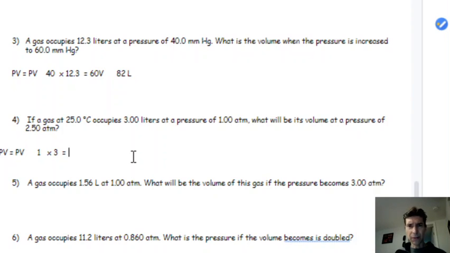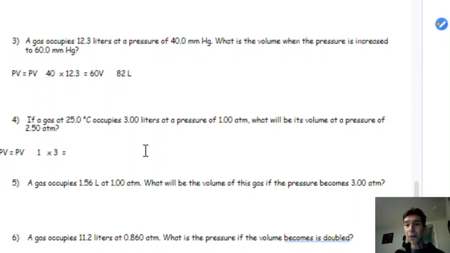Atmospheres, do we have to convert? I mean, before it was millimeters of mercury, now it's atmospheres. You don't have to convert. This is really quite easy. If your problem starts in atmospheres, it ends in atmospheres. If it starts up here in millimeters of mercury, it ends in millimeters of mercury. If it starts in liters, it ends in liters.